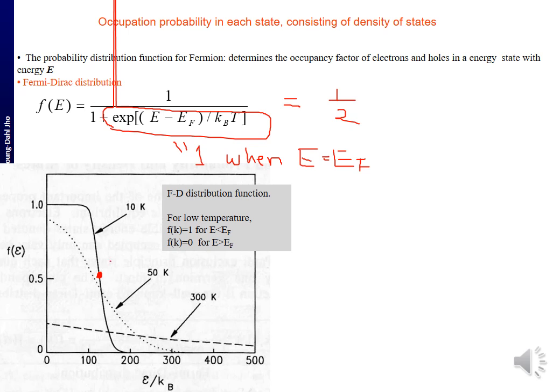So a more exact definition of Fermi energy at finite temperature is when the probability distribution function becomes half. Okay.